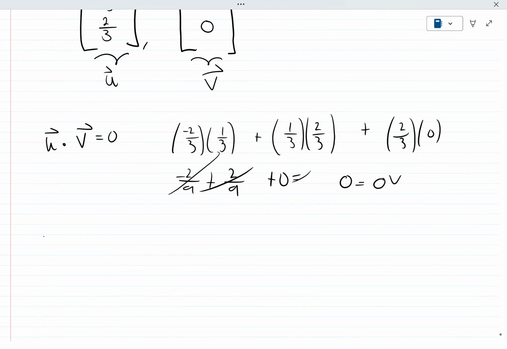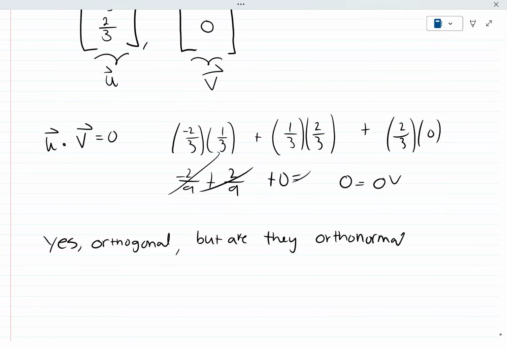So yes, they are orthogonal. But are they orthonormal? How do we determine if it's orthonormal? The magnitude should give you one. Let's start with vector u.